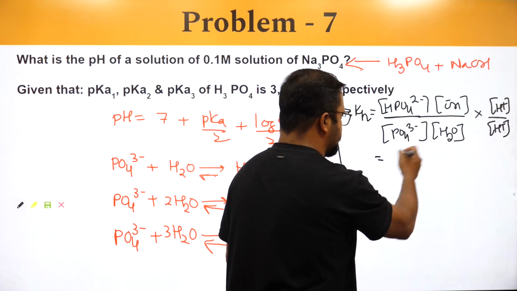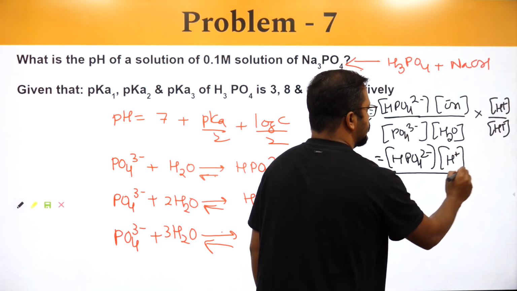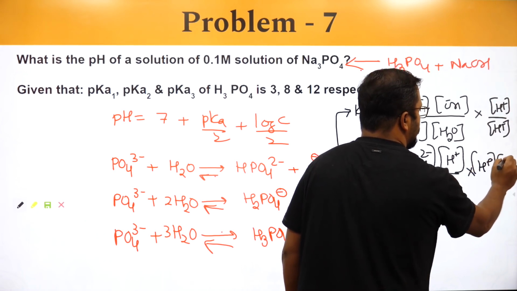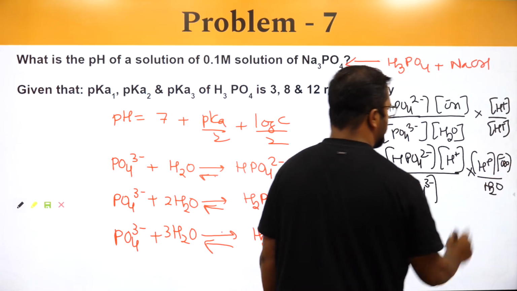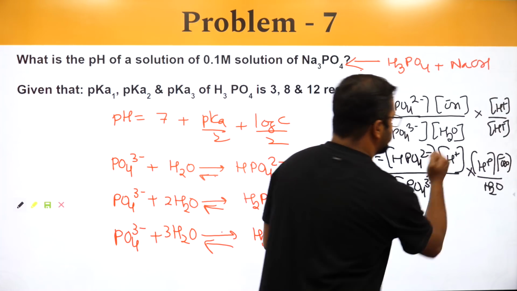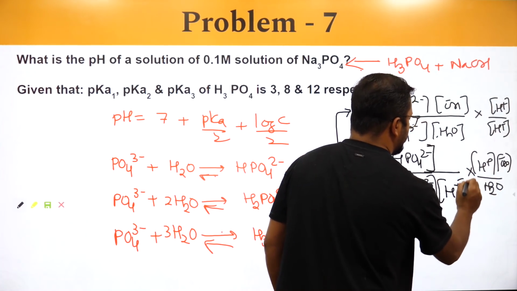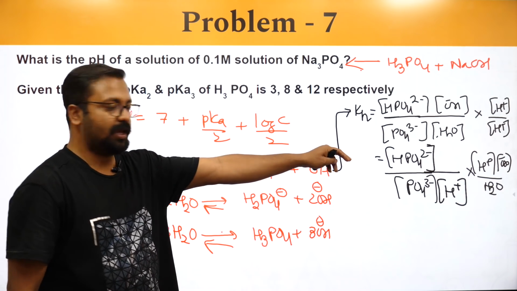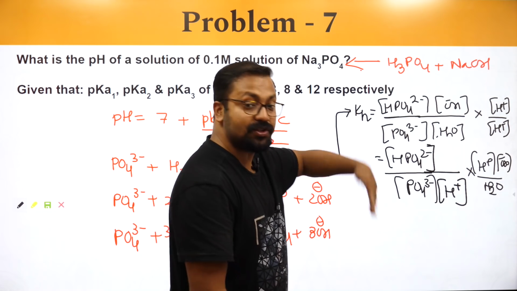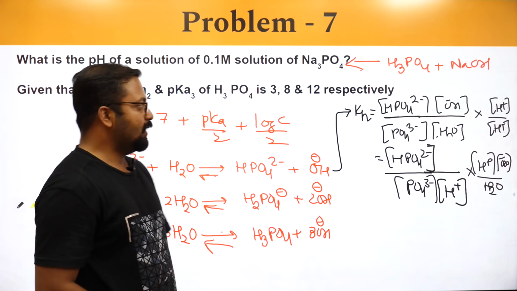So if I rearrange this equation, HPO4 2 minus times H plus by PO4 3 minus times H plus OH minus H2O, doesn't it look like Ka3? Third dissociation. This looks like Ka3, rather the inverse of Ka3. Okay, 1 by Ka3, because Ka3 is what?